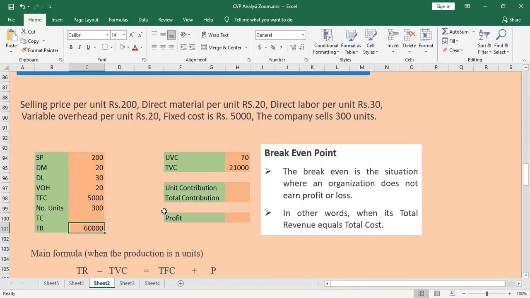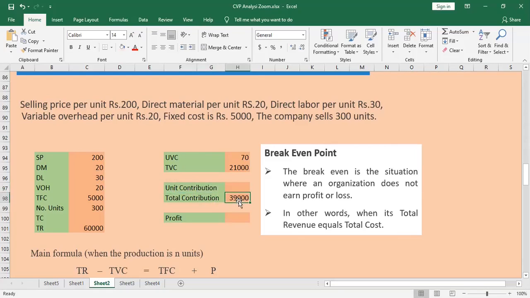So in order to calculate the total contribution, you can use the same formula. Total revenue minus total variable cost, and you are getting 39,000. How do you calculate the unit contribution? We have two ways to do it.